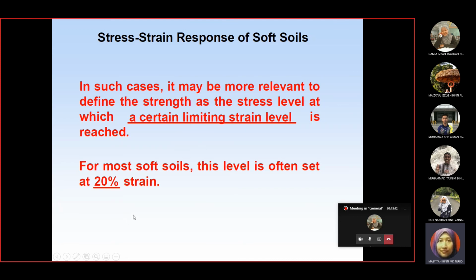For example, if you limit the strain at 20%, you have to find at 20% of the strain what its strength value is. It is not necessarily the last point or last curve that we plot that is its strength value. You have to look at its limiting strain. At 20% of the strain, maybe it can be said as the strength of the material.